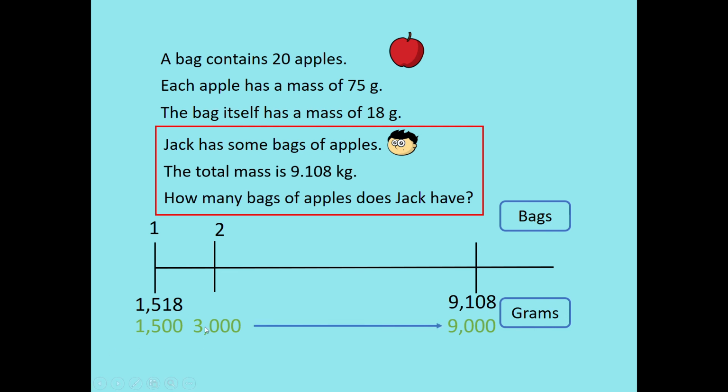How many times does 1,500 fit into 9,000? And it's easier if we count in twos. So 2 is 3,000, 4 would be 6,000, and 6 would be about 9,000 grams. Jack has 6 bags of apples.